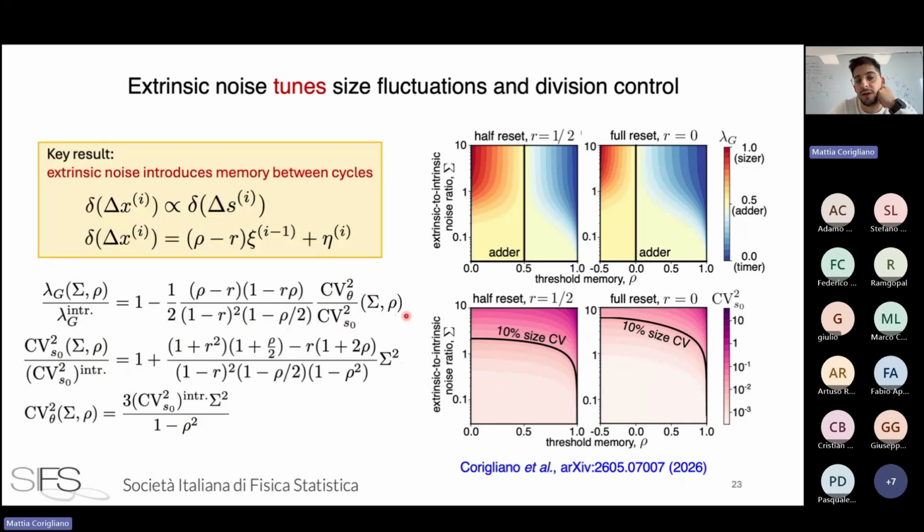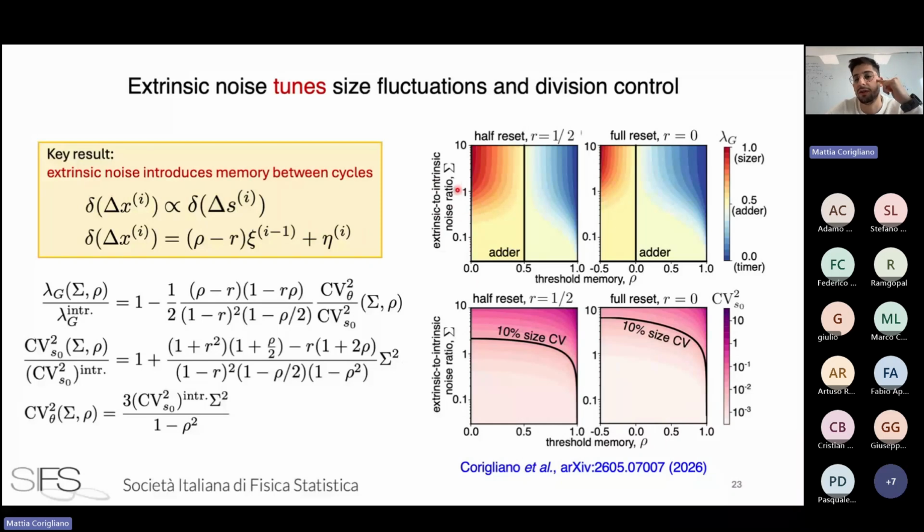So the memory between different cell cycles and the strength of threshold fluctuation. And so the key result, and you see in the right plot that for example for lambda g, depending on the value of the threshold memory and this extrinsic to intrinsic noise ratio, you can make this model behave as you want, basically. So you can have either adder, sizer, or timer, or anything in between.